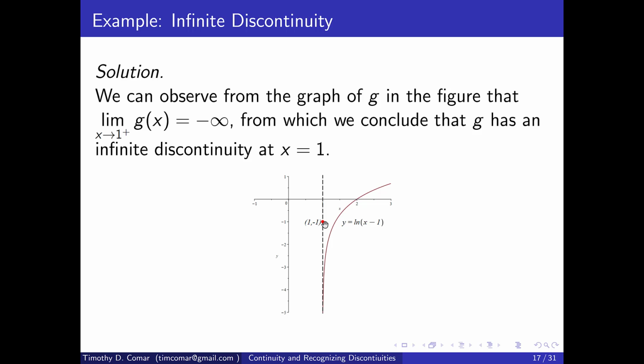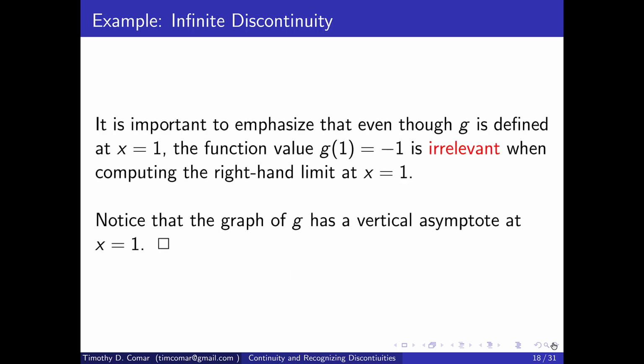Well, remember we defined the function to be negative 1 at 1. That has no impact on the infinite discontinuity here. No impact at all, because we have an infinite limit on one side. It's enough for an infinite discontinuity.